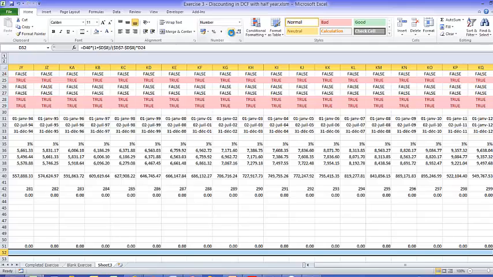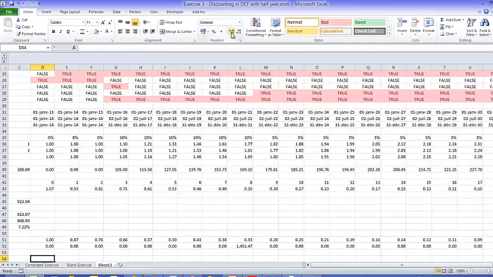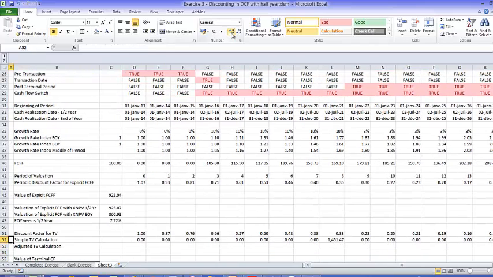So that's our, in case you haven't seen some of the other stuff I do, this just makes the terminal value a completely flexible kind of calculation.